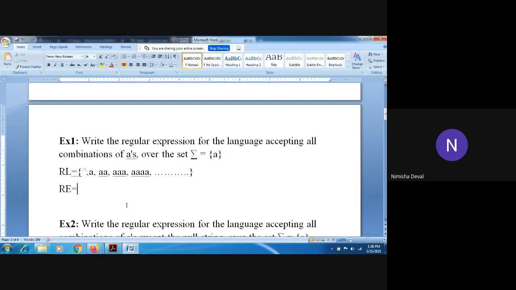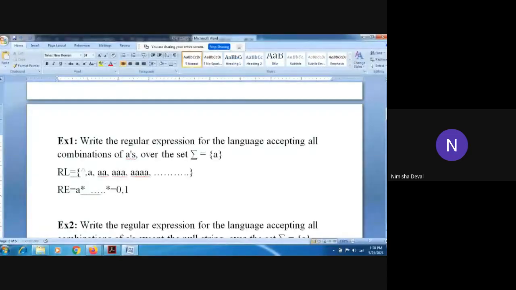So in that case you have to write a star. Star is nothing but 0 or more, meaning 0, 1, 2, 3 and so on.